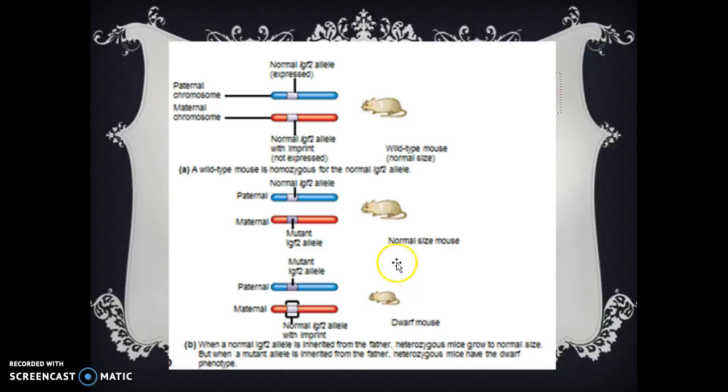Now, what's interesting is if this happened to be a male mouse, this was the chromosome he got from his mother. However, during gamete formation, this inactivated allele resumes functionality, especially if it gets passed down to its child. However, this would not affect the size of this mouse. It's always this one.